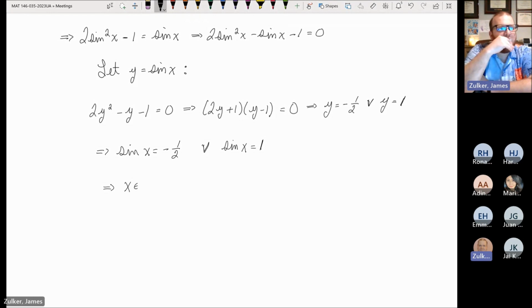Where does sine equal negative 1/2? We get 7 pi over 6. And also 11 pi over 6.